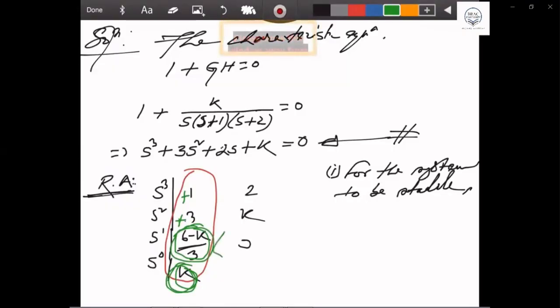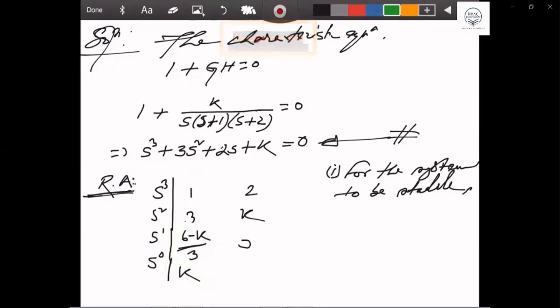Positive means less than 0, right? No, sir. Then what? Greater than 0. Anyone, even a child not yet born, if you ask this question, will tell you the same answer, that it will be greater than 0.